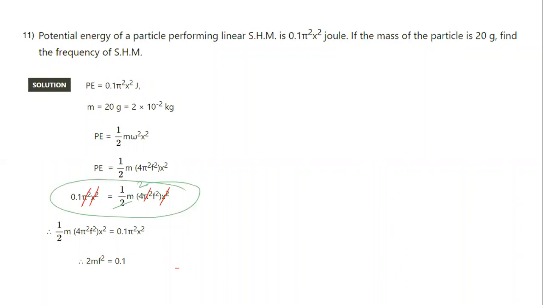After this we get this step. Now we have to solve this for frequency. So let me substitute in the formula of frequency: f² is equal to 0.1 divided by 2m. Let me substitute the values here and do the calculation to find the answer.